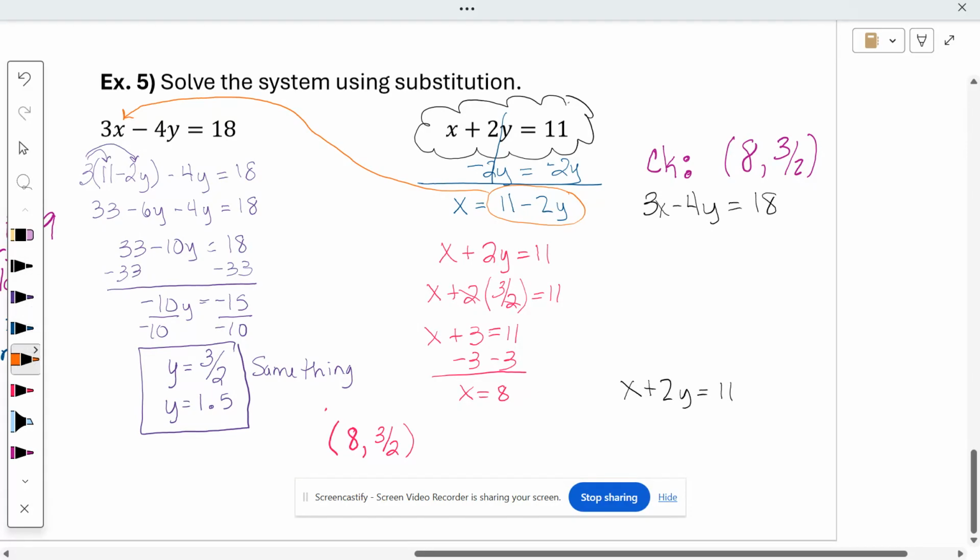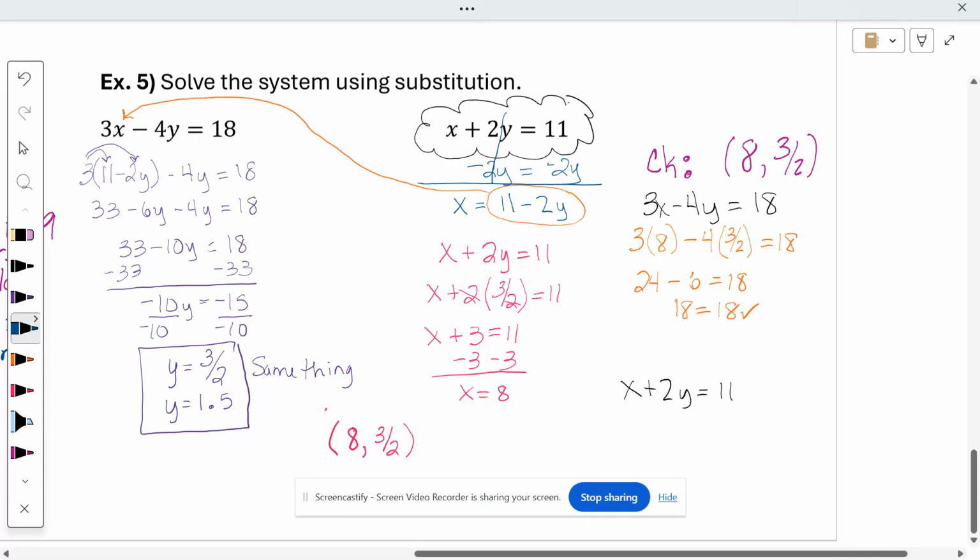So let's substitute in the values. I know that x is 8, so I have 3 times 8 minus 4 times 3 halves equals 18. Well, 3 times 8 is 24, and 4 times 3 halves is 6. So I have 24 minus 6 equals 18, but 24 minus 6 is 18. So 18 equals 18. I get a true statement.